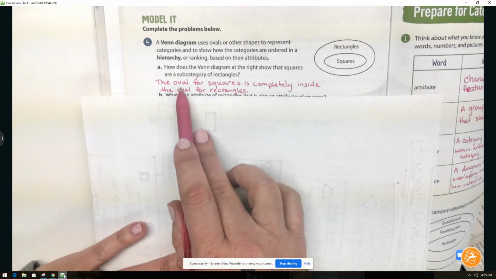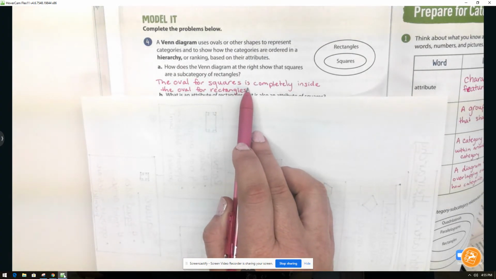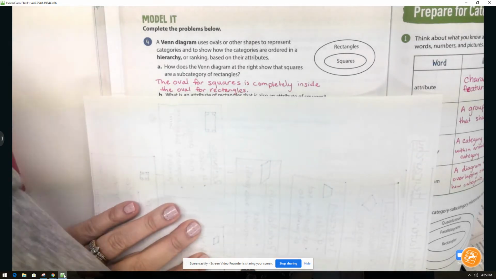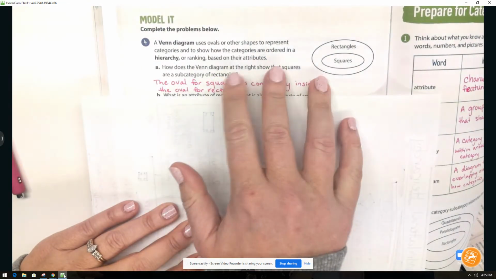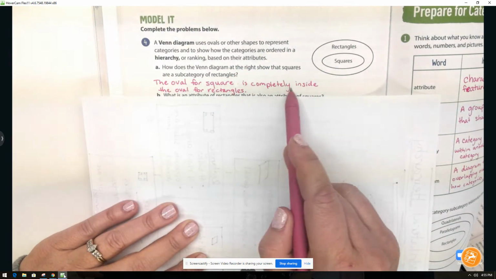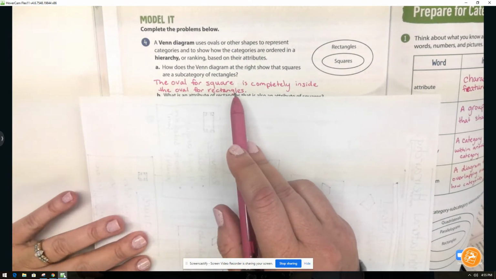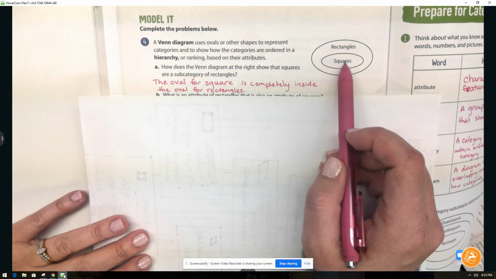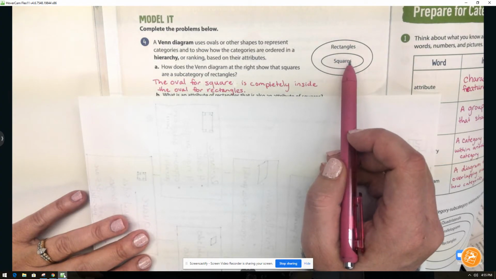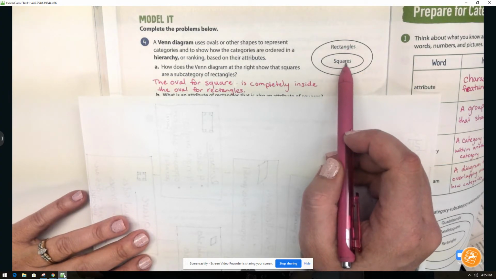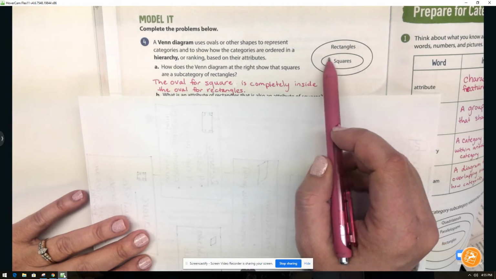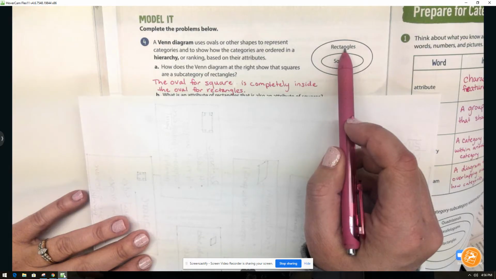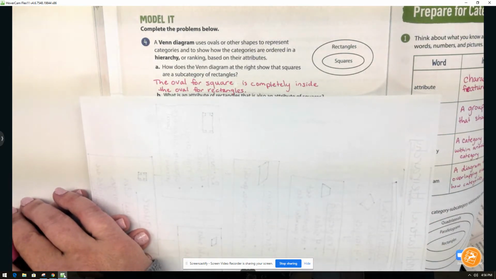So the oval for the square is completely inside the oval for the rectangles, meaning it's possible for a rectangle to be a square, but it's not going to be all rectangles. But all squares will always also be a rectangle.